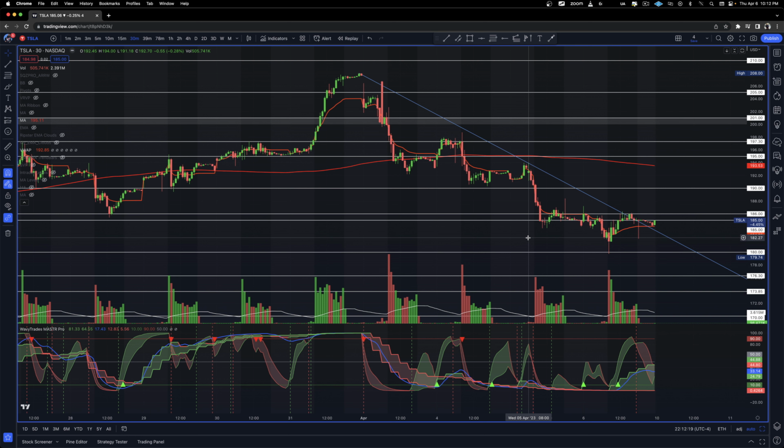So yesterday in our chat room, I put on a swing trade for Tesla based off of this indicator, and I just want to go back and show you. Just to give you a quick rundown, this indicator has two main components.